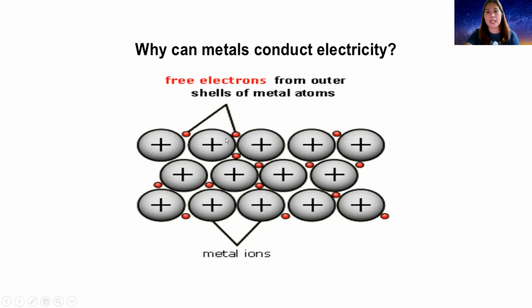Free electrons are valence electrons, the outermost electrons, or the electrons at the farthest energy level of the atom. And since they are farthest from the nucleus, these free electrons are really free to roam around the metal. They can jump from one atom to the other.